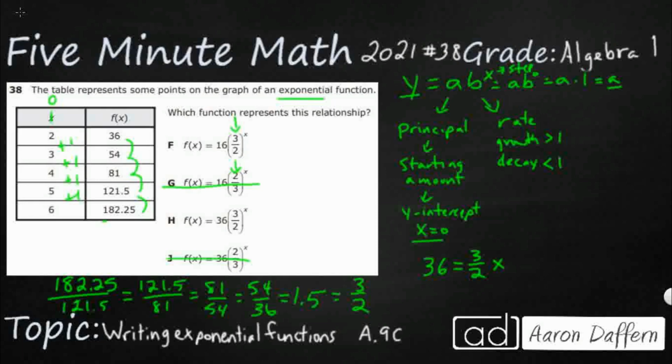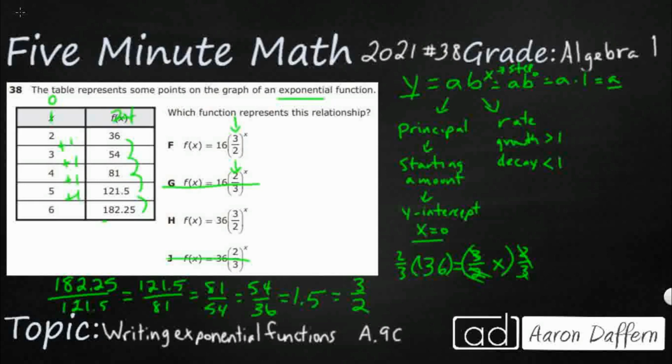And so how do we flip that? Well, we just multiply both sides by 2/3 to cancel that out. So what is 2/3 of 36? Well, that is going to be 24.